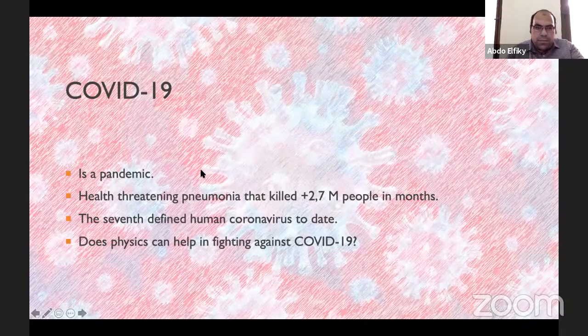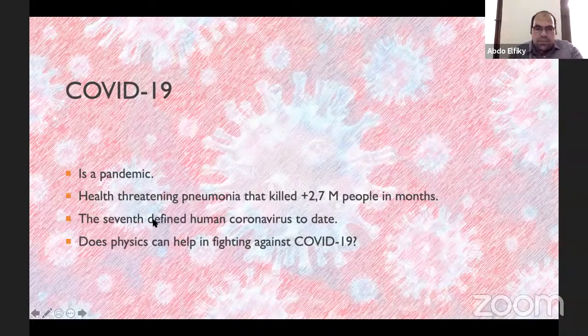COVID-19 is a pandemic. 2.7 million people have died during this year, and still we have new deaths and new infections every day.